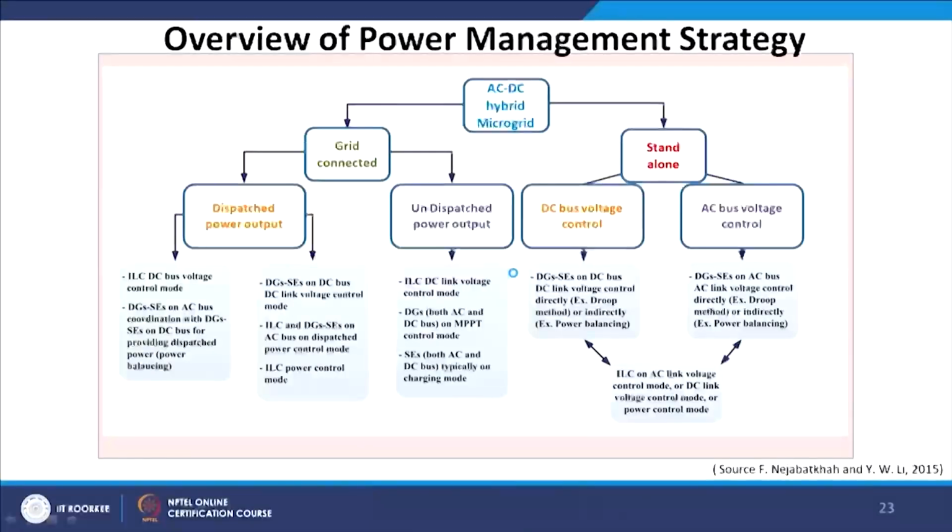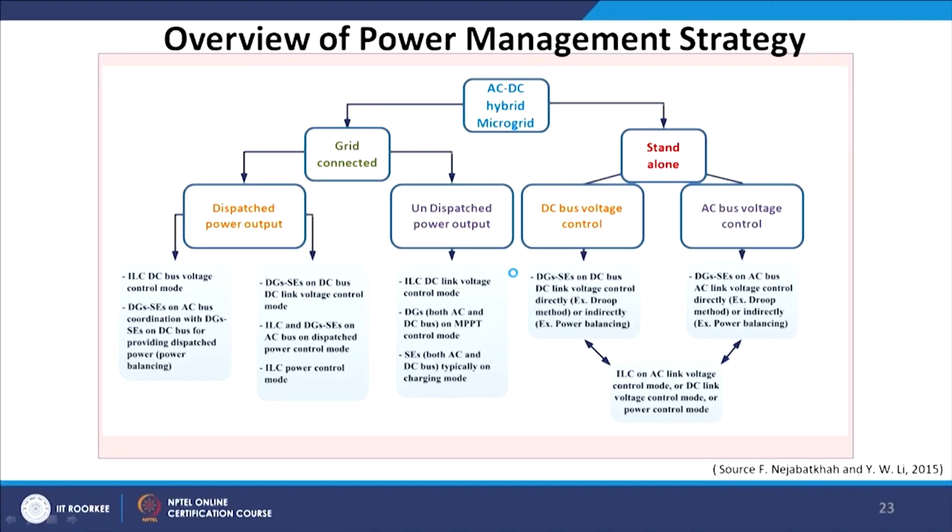Now, if you see the overall power management strategy, we do have an AC-DC microgrid. It could be either a standalone microgrid or a grid connected one, and in case of grid connected we have dispatched power output and undispatched power output. In case of standalone we have DC bus voltage control and AC bus voltage control.